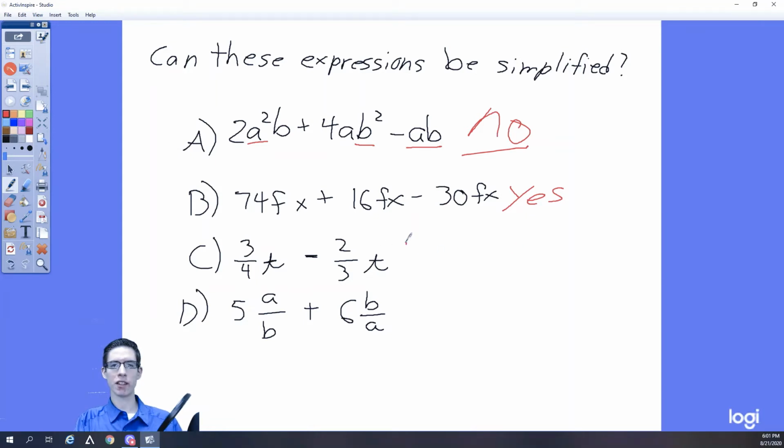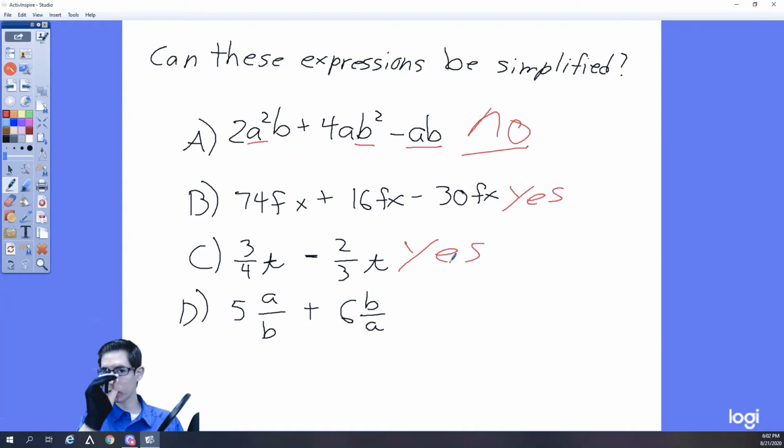All right, if you said yes, then you got this one correct. Because here, once again, the variables matched this time, and even though the denominators of those fractions are different, we are allowed to get a common denominator. We're allowed to add those coefficients together, or in this case subtract.